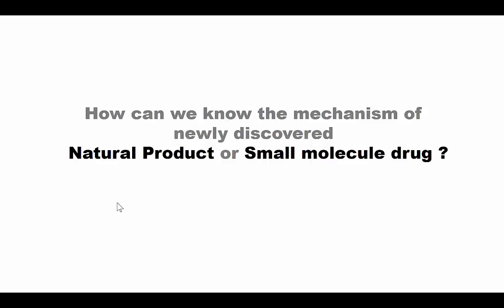But if your natural product or small molecule or tool is totally new material, nobody has made that kind of material, you are the first one in the world, you found a very interesting material, then how can you figure out the mechanism of the molecule? If possible, by just one unified test, not testing too many things. Do you have a good idea?